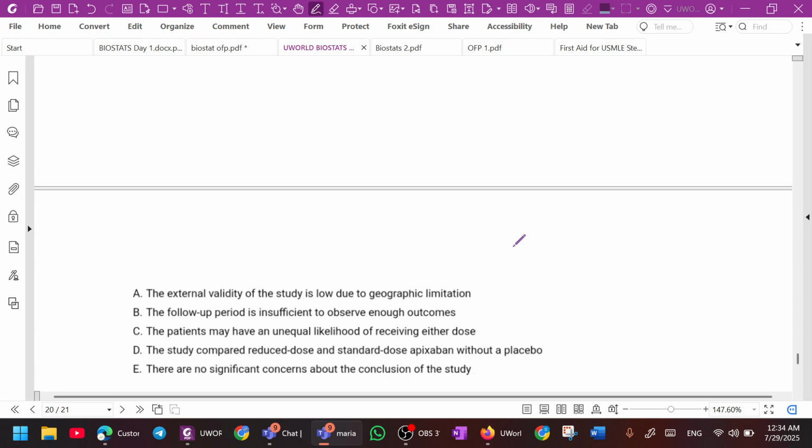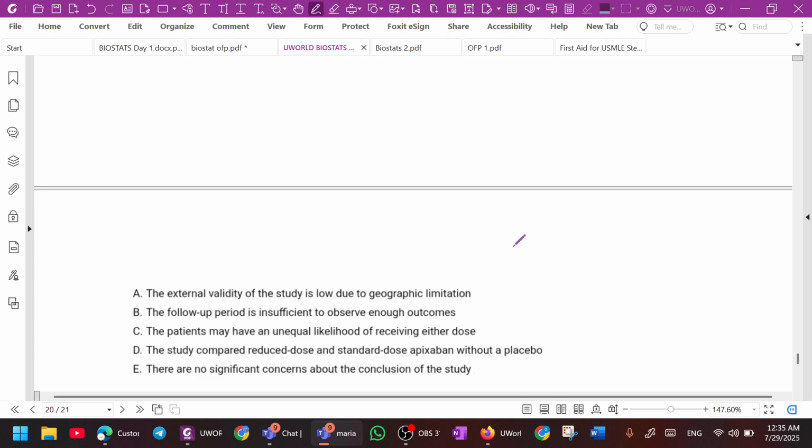I don't think so. The external validity is low. I forgot what is external validity and what is internal validity. When they say external validity, what should I think? If you can generalize it to the outside population, to all the other populations, if you can generalize the conclusion to other populations outside of the one that you study.